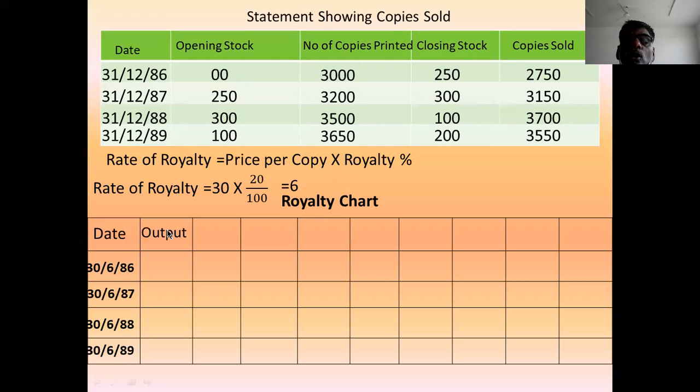Then output. Output means units sold. Copies sold you have to take. Output means copies sold in this problem. 2,750 first year, 3,150 second year, 3,700 third year, 3,550 fourth year.